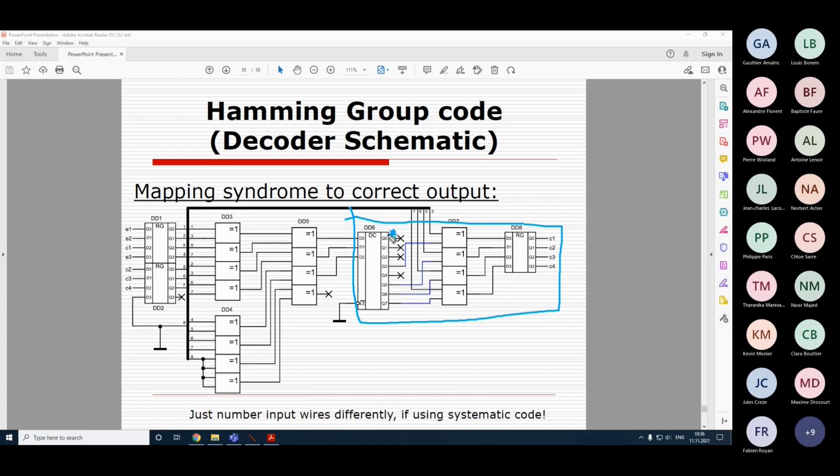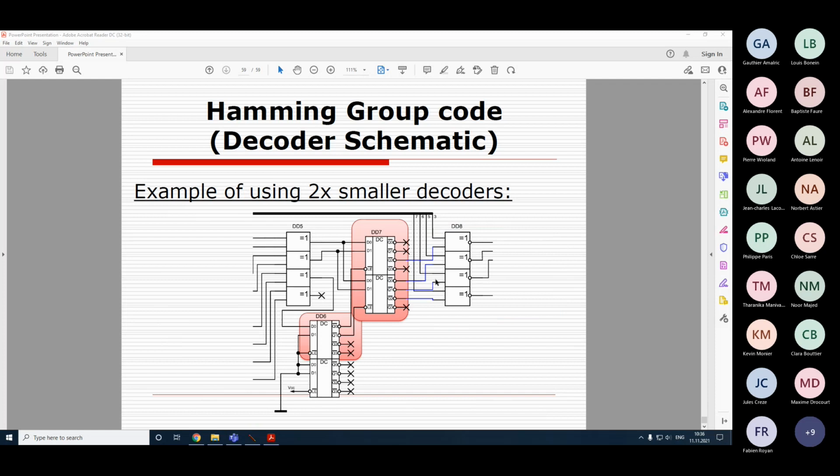This is E1, this is E2, C1, E3, C2, and so forth, meaning in non-systematic order. Even if you have a systematic code, you still have to consider that here we have the non-systematic version, and connect wires correctly.